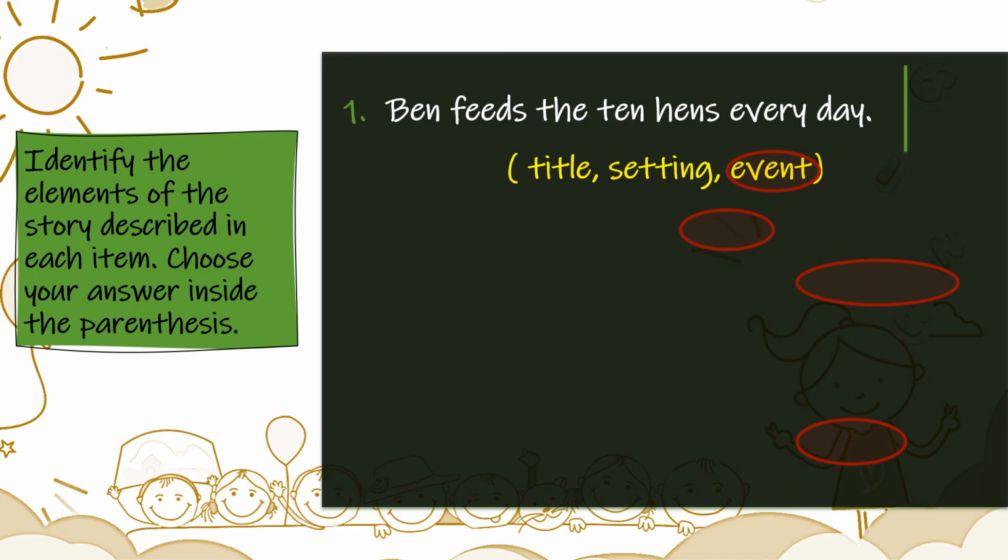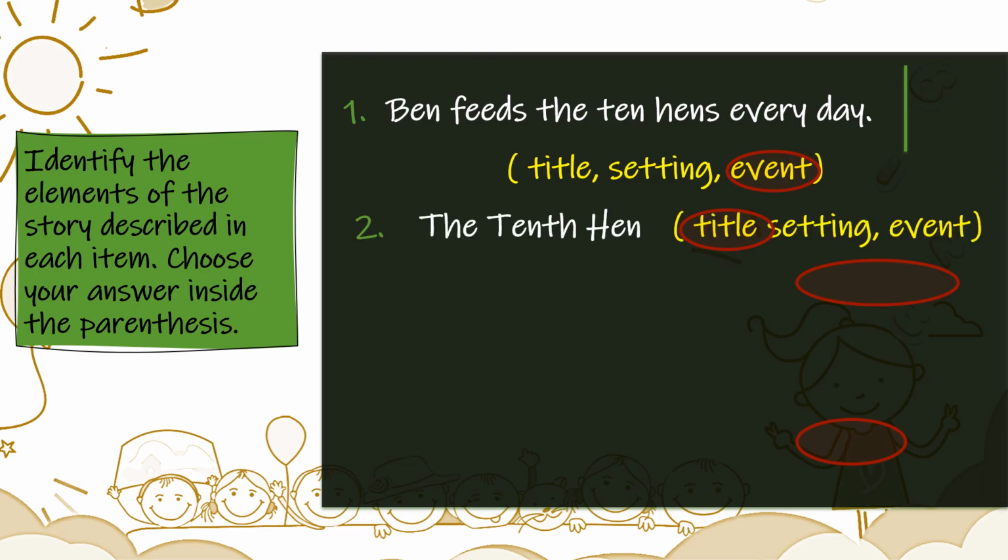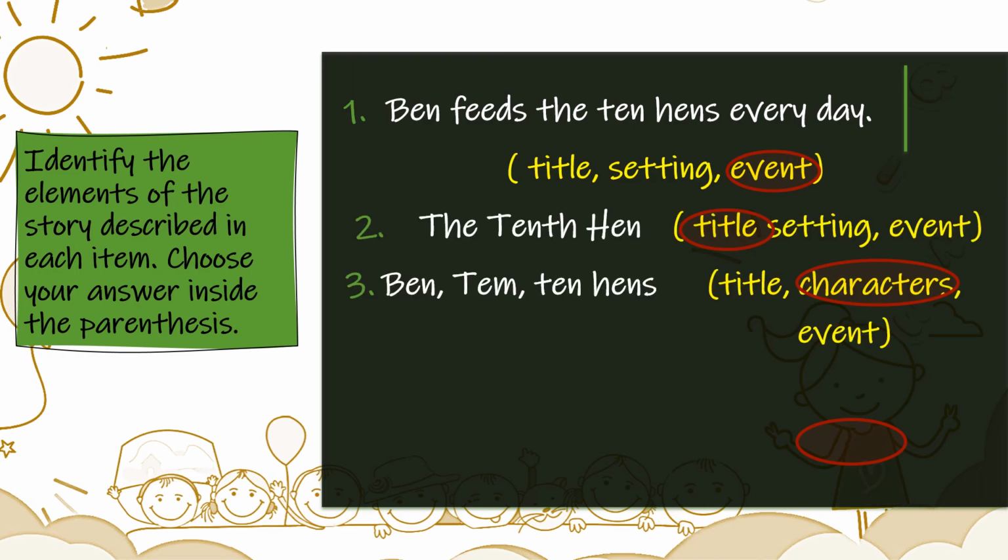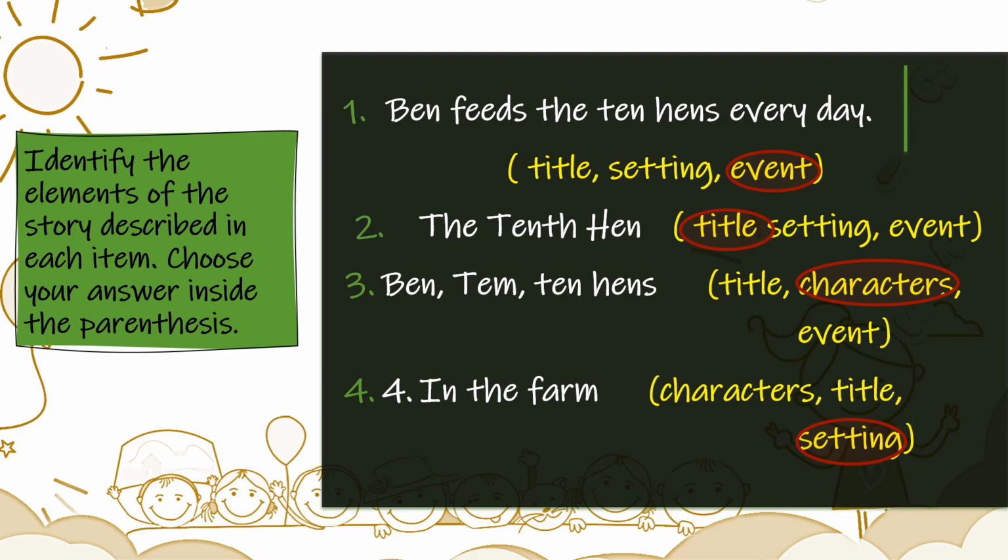Number 1. The answer is event. Number 2. Title. Number 3. Characters. And number 4. Setting. If all your answers are correct, it means you did very well in this lesson.